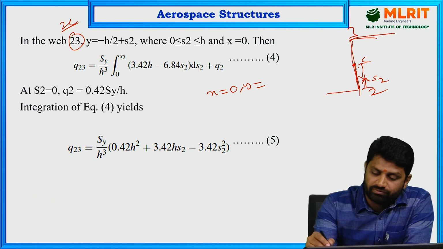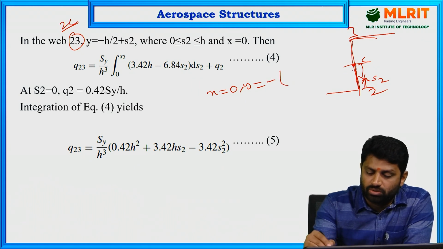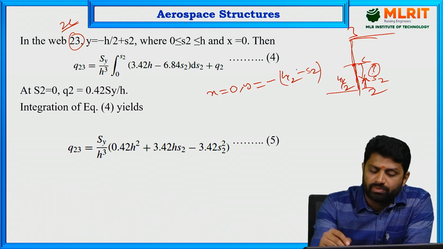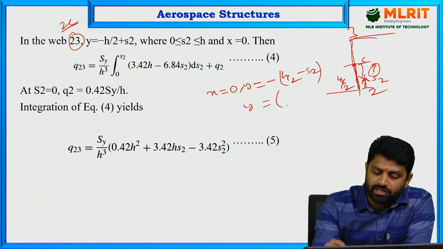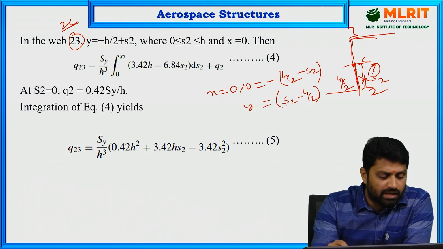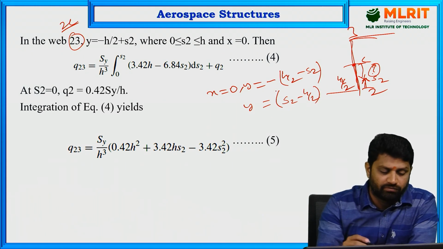First of all, it is below the centroidal axis, so that is minus, and the total distance is h by 2, and from h by 2 you have to subtract s2, then only you are going to get this distance. So minus h by 2, so you can substitute y equals s2 minus h by 2 as the distance, and take this and substitute in the equation for 2 3.